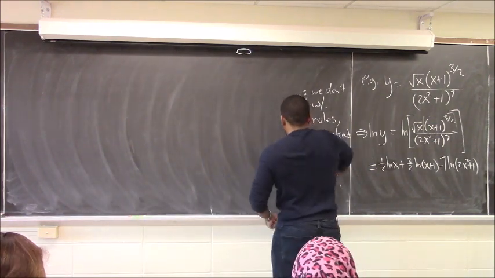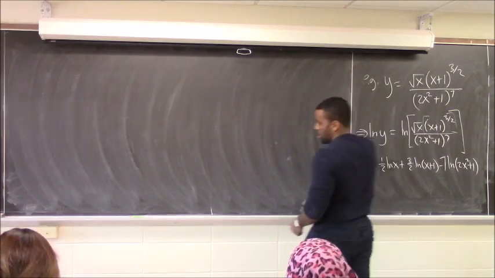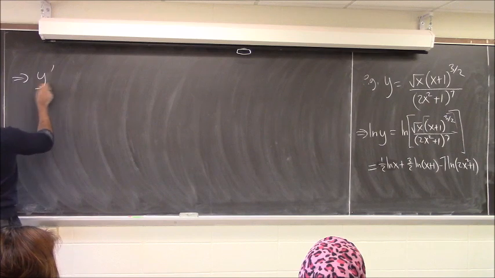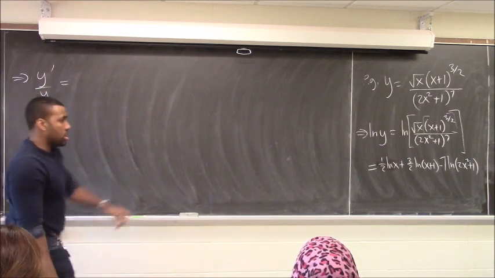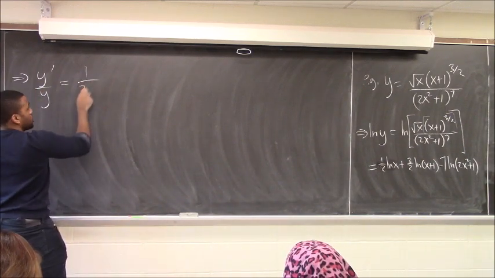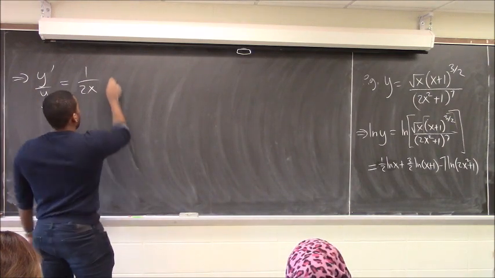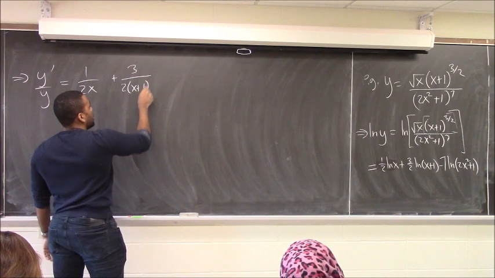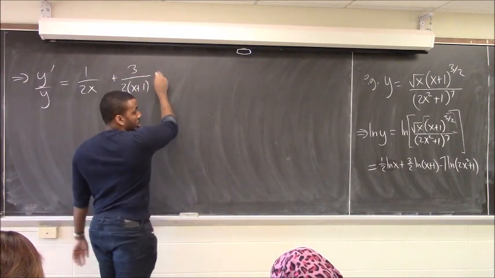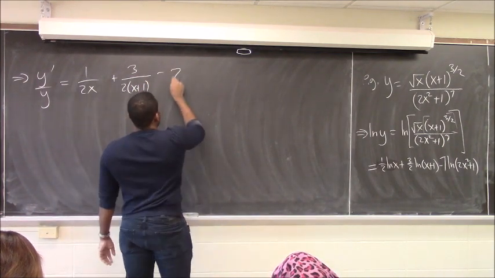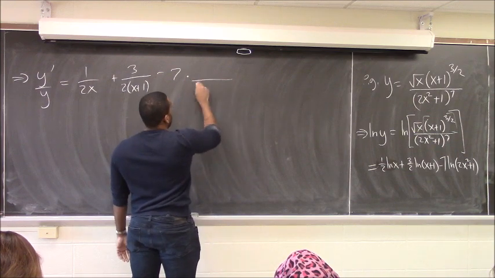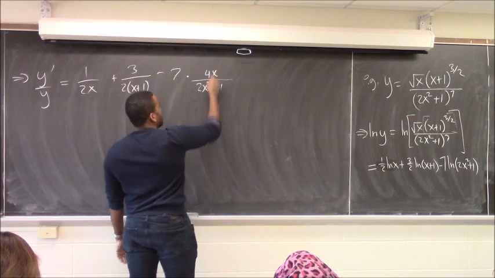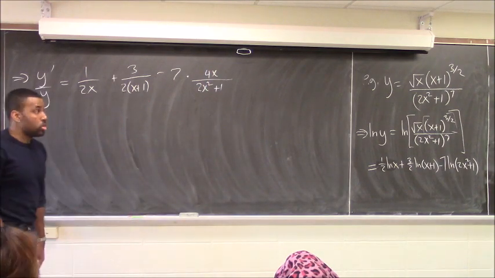So now, by differentiating both sides, I would get y prime over y on the left side, and on the right side, this just becomes 1 over 2x plus 3 over 2x plus 1 times 1, chain rule, minus 7 times this, put its derivative on top by the chain rule, u prime over u.